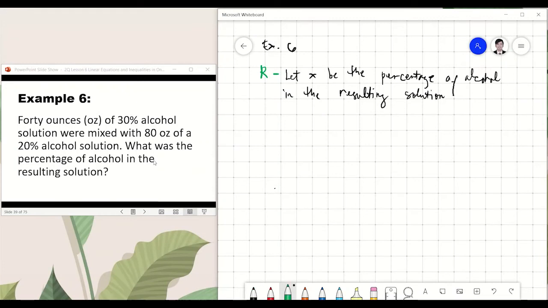And then we proceed to our equation. Now, to better understand what is happening from the word itself, mixture, we're trying to mix two different liquids.